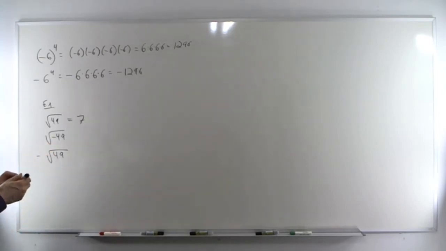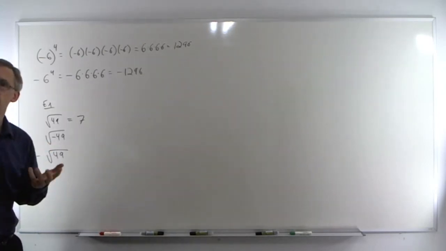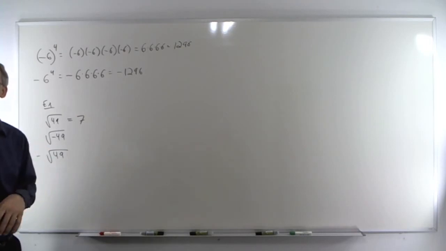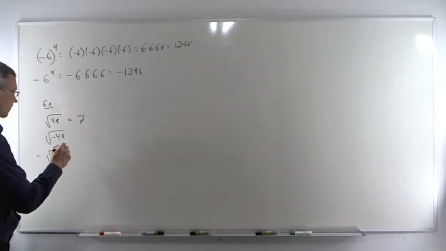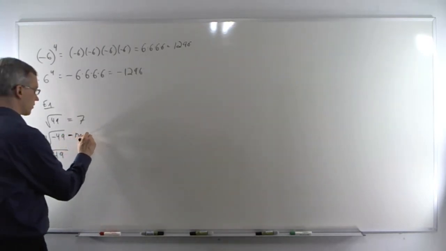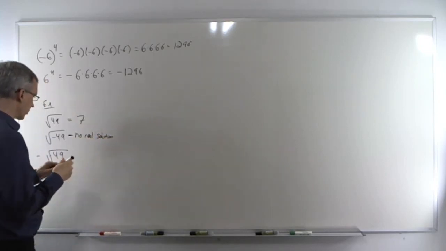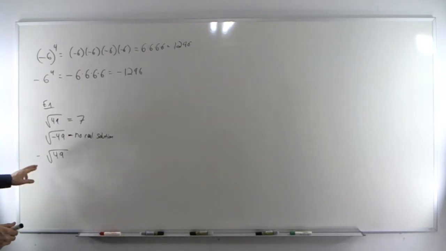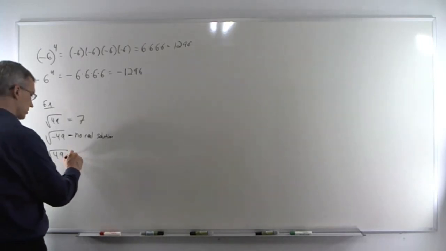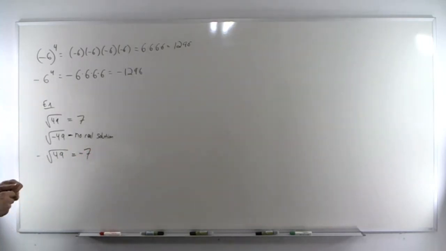Now this one is negative, so negative roots do not give us real answers, they give us complex answers, imaginary numbers, which we'll see later on in the course. But for right now, it's not a real number. All right, for this one, we'll evaluate the root first. So square root of 49 is 7, and then multiply by negative 1. So this one gives us negative 7. So make sure you keep those three situations straight.